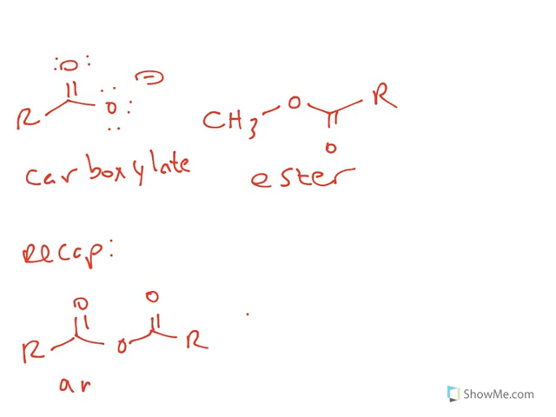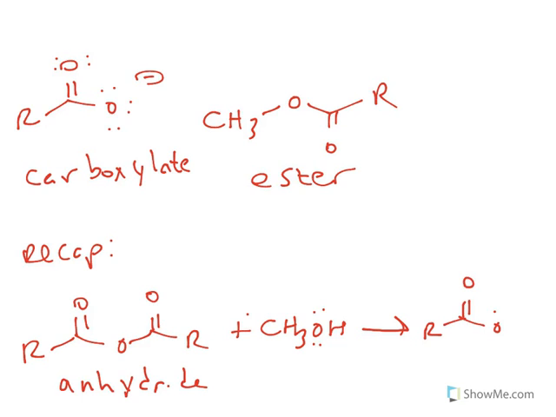We take an anhydride and we react it with an alcohol, like methanol. We're going to get a carboxylate plus an ester.